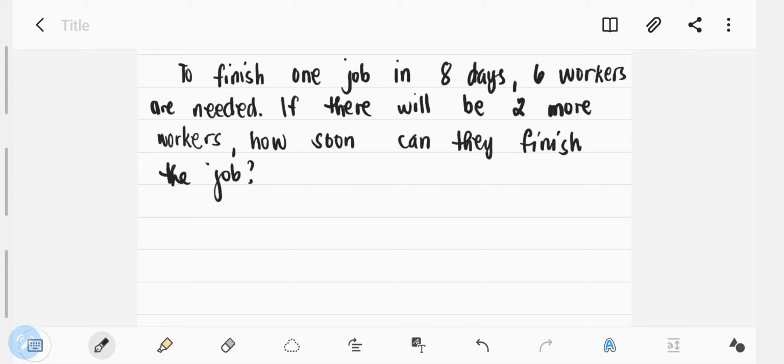So, this is an example of inverse because the number of workers increased, so the number of days will decrease.